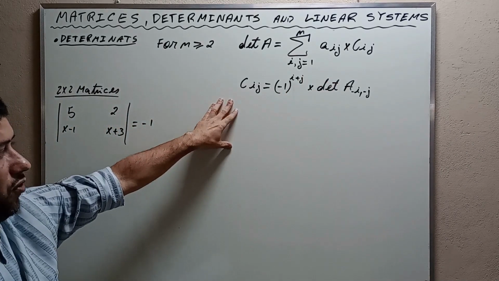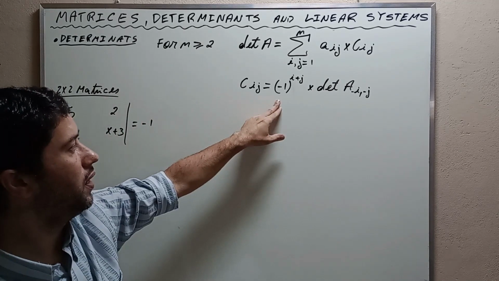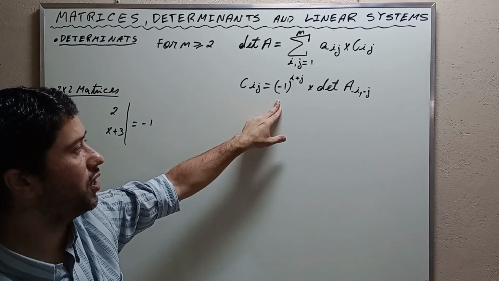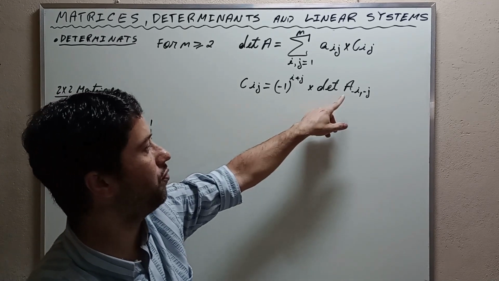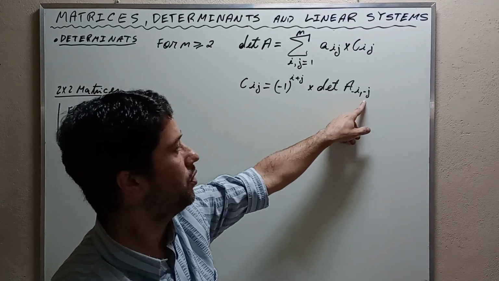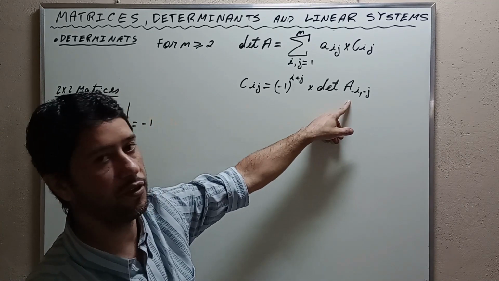And Cij is calculated by negative 1 raised to the power of i plus j times the determinant of A minus i minus j.